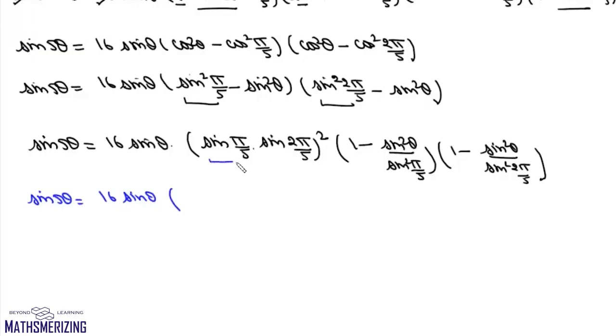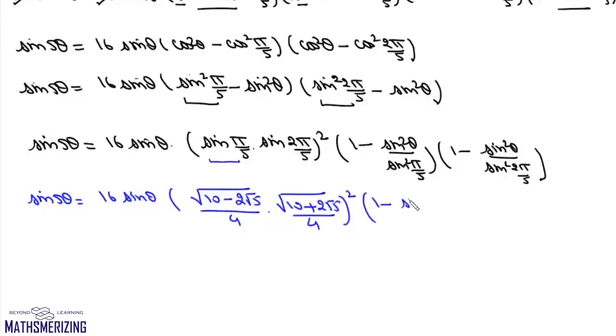Now this is sin 36°, and sin 36° is √(10 − 2√5)/4, and this is sin 72°, and sin 72° is cos 18°, and cos 18° is √(10 + 2√5)/4 whole square, and this is (1 − sin² θ/sin² π/5) into (1 − sin² θ/sin² 2π/5).